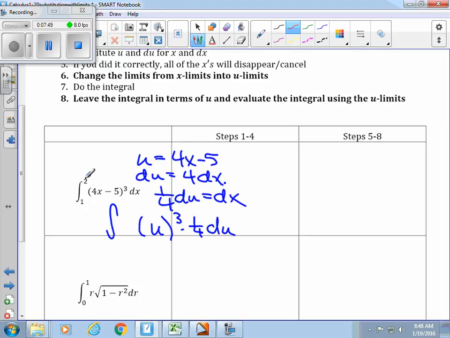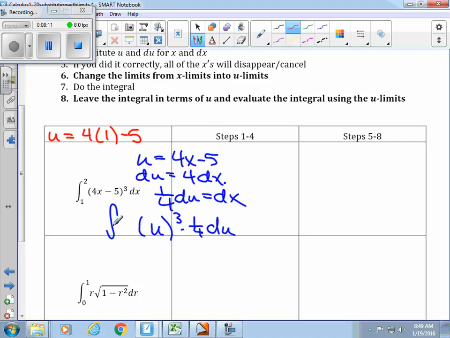The 1 to 2 were x values, right? Well, couldn't I find a u value that's equivalent to those x values? So I know that u equals 4x minus 5. So 4 times 1 minus 5 would give me my bottom u value.